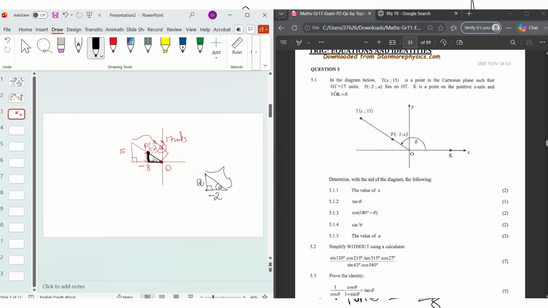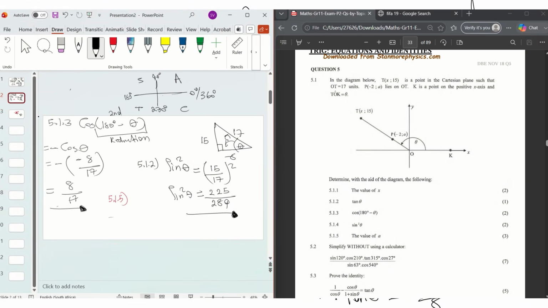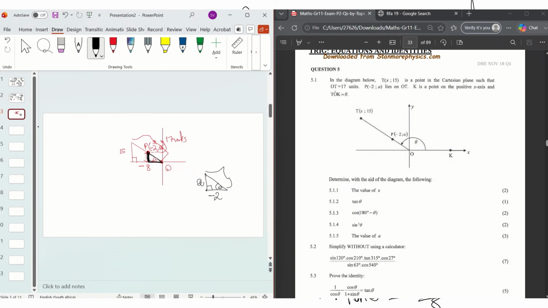What we could do, guys, is go back to the previous slide. We already know what tan theta or cos theta is. We can use any of the two. So we can use any of those trig ratios to help us determine the angle first.